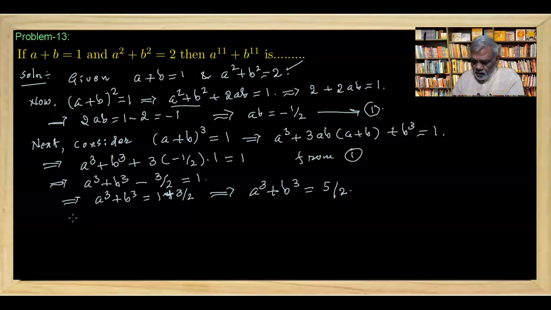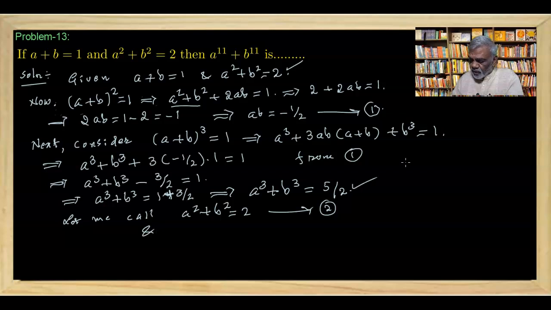Now, given that a square plus b square is equal to 2, let me call it equation 2, and this we have already got: a cube plus b cube is equal to 5 by 2, and let me call this 3.